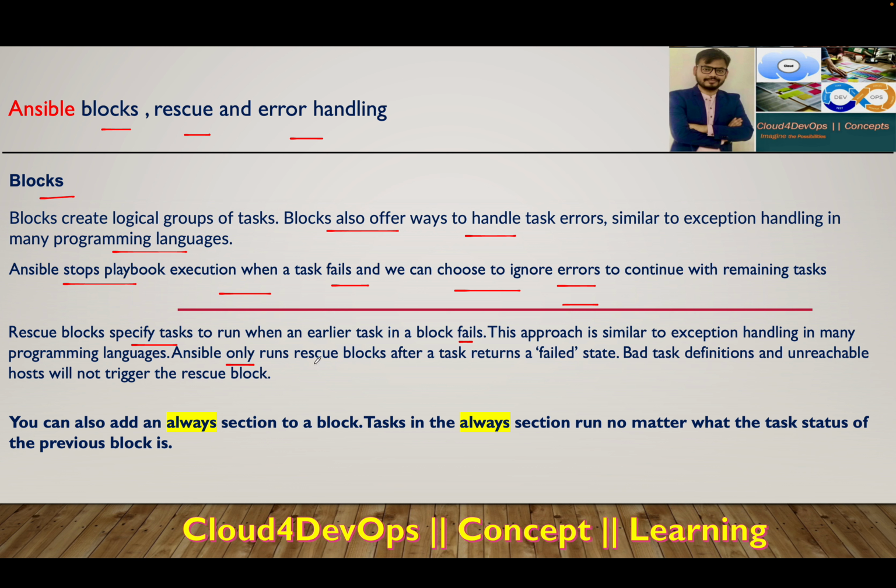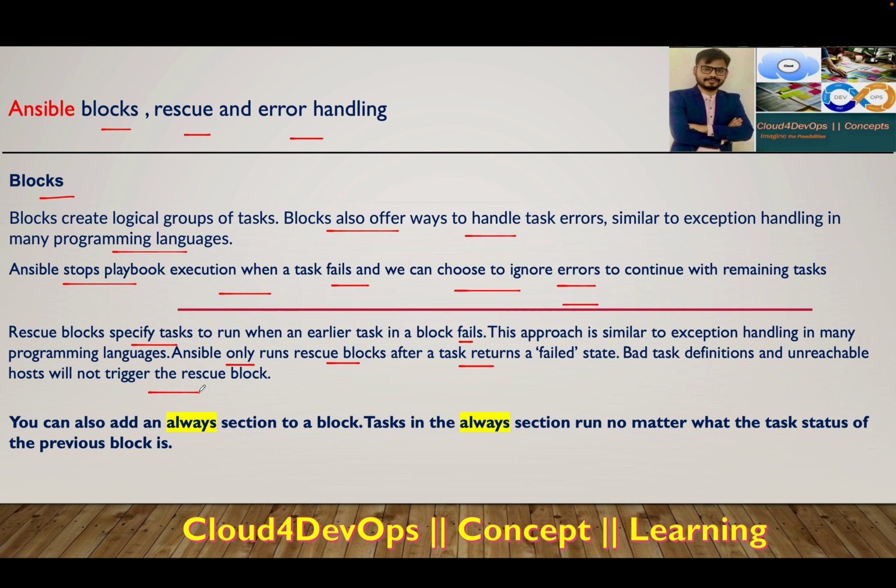Ansible only runs the rescue block after a task failure happens. Bad task definitions or an unreachable host will not trigger the rescue block. Understand this: if your host is not reachable, or your task definition is not correct, the rescue block will not get triggered.